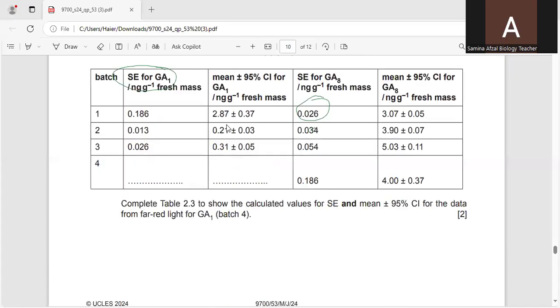We will make use of these values and we will calculate, first of all, SE for GA1 and mean plus minus 95% CL for GA1. So here I would use this formula, SE is equal to S over root N, which has been given over here.